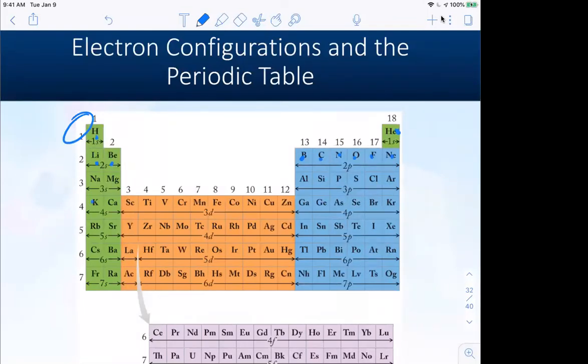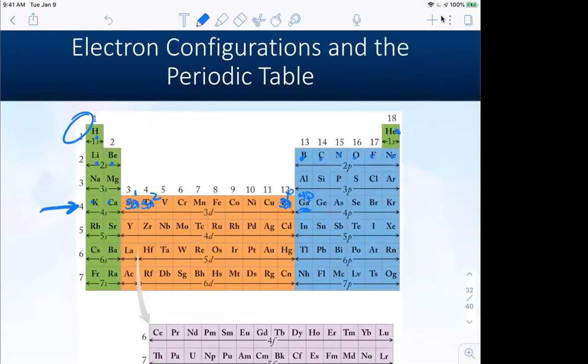When I get to the 4th row, this is 4s1, 4s2. This starts with 3d1, 3d2, all the way up to 3d10. Then I start back with the 4p's because I'm in row number 4.